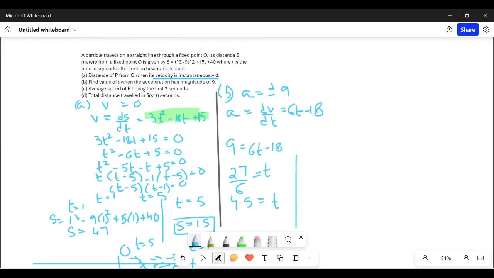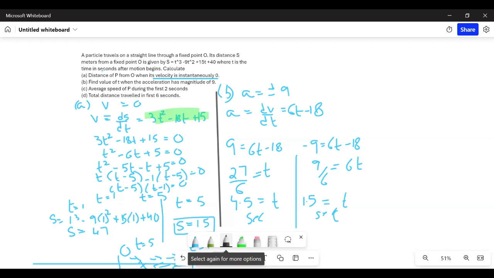And when a equals minus 9, we get t equals 1.5. Part B is done.